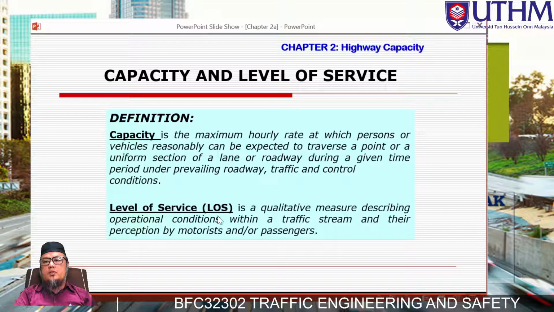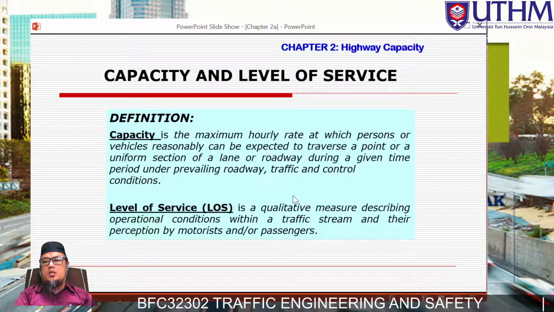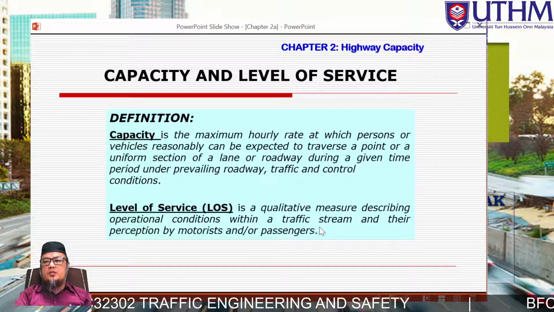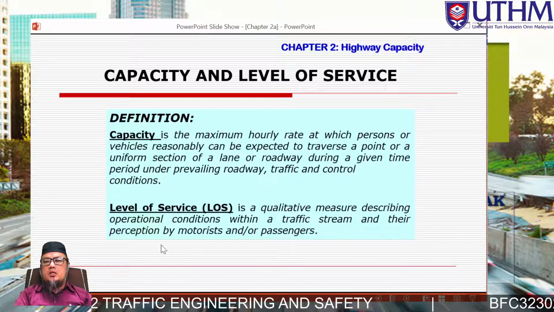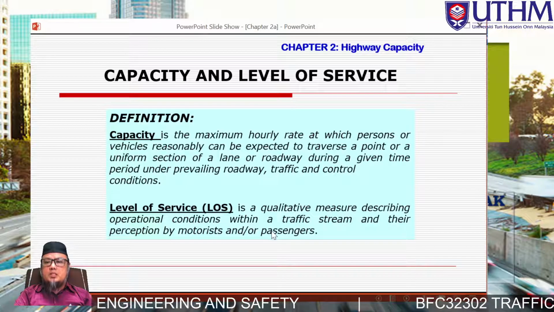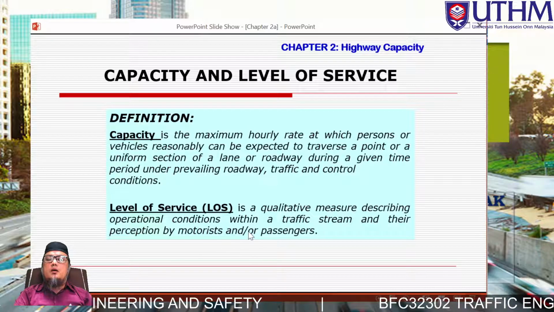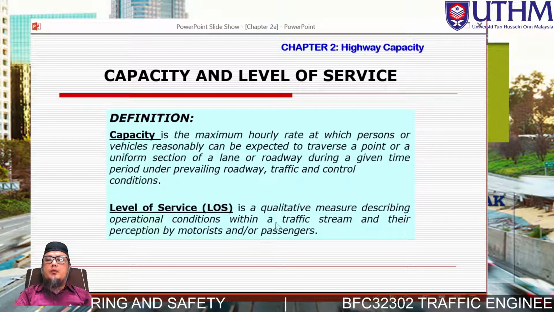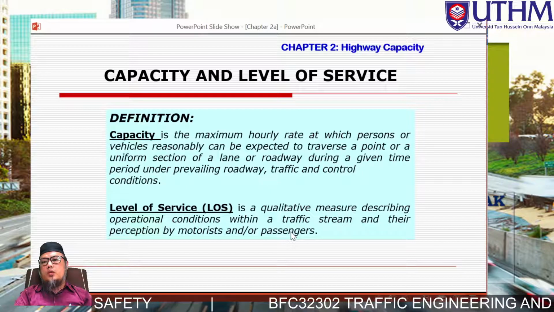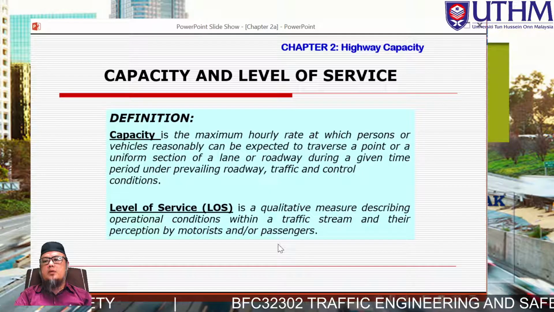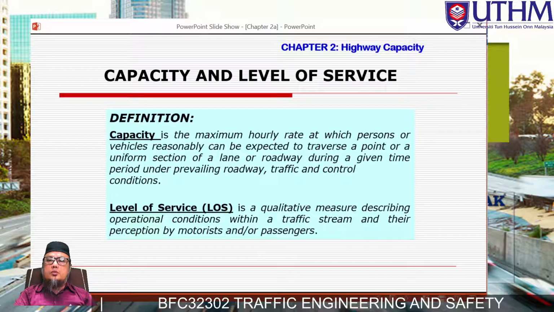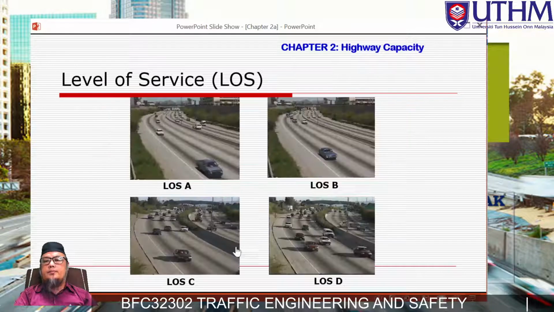The level of service is a qualitative measure describing operational conditions within a traffic stream and their perception by motorists or passengers. This represents an indicator of the condition of the traffic flow, whether it is good or poor.